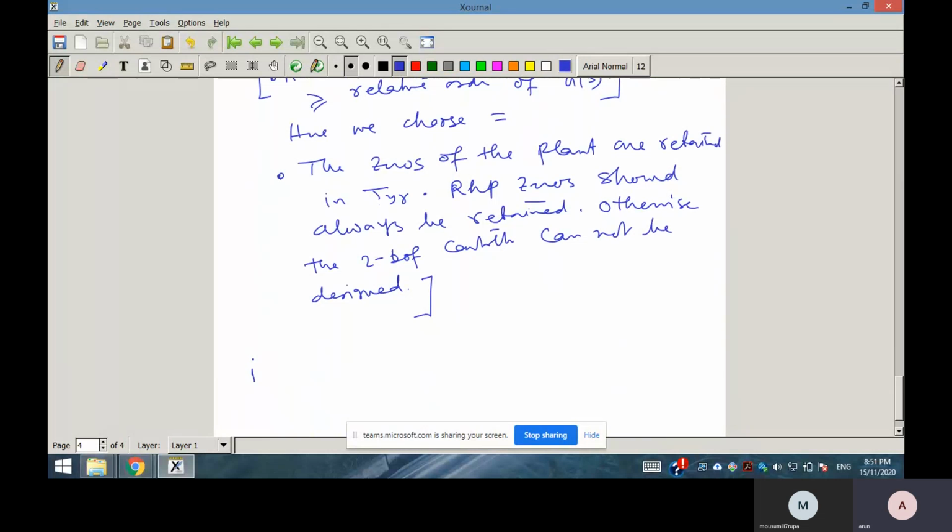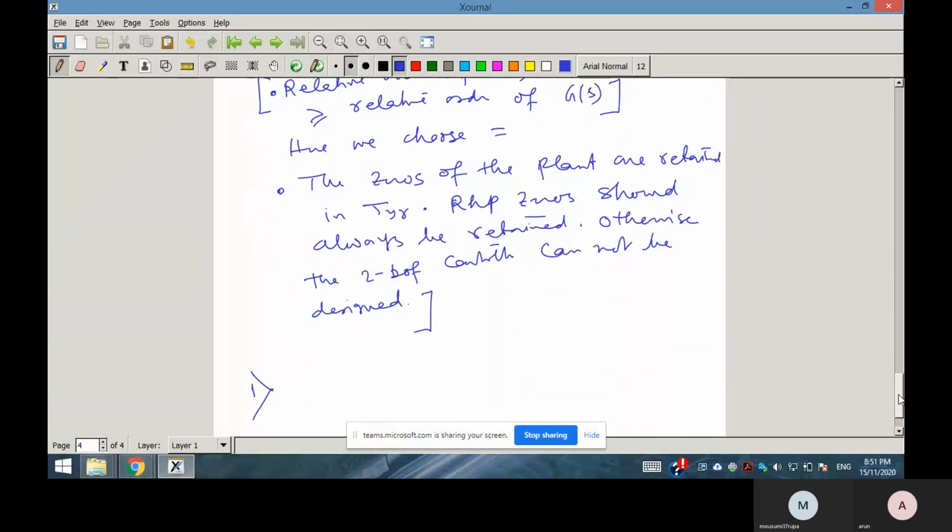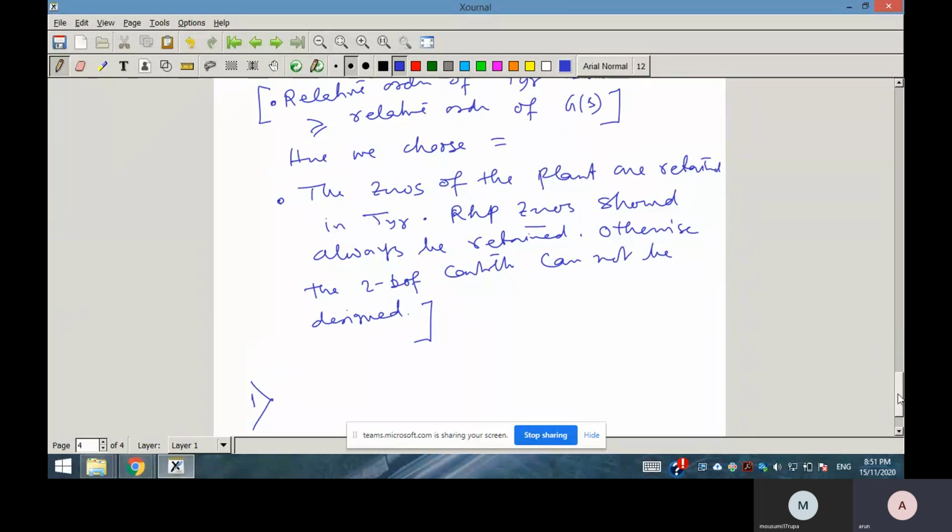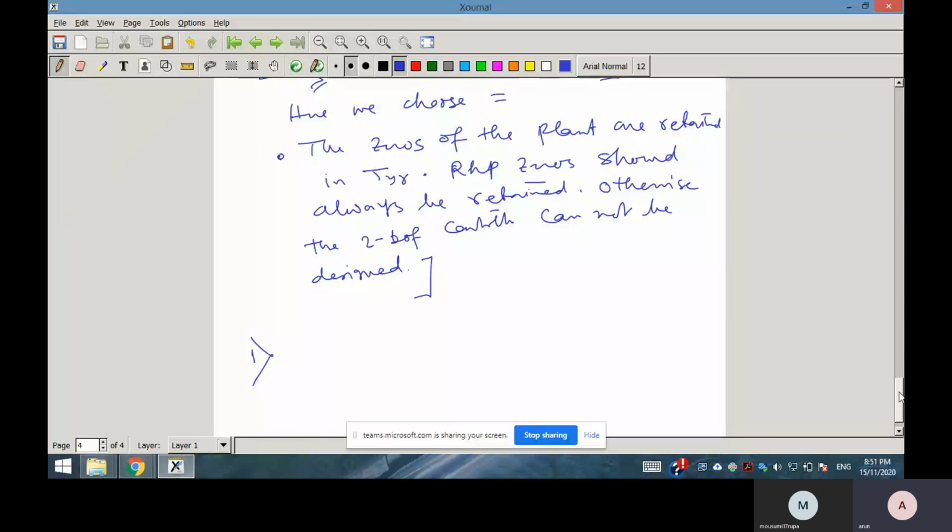So this is the first step, step 1. So the first one will be what? First one will be: choose delta S equal to AK plus CH.